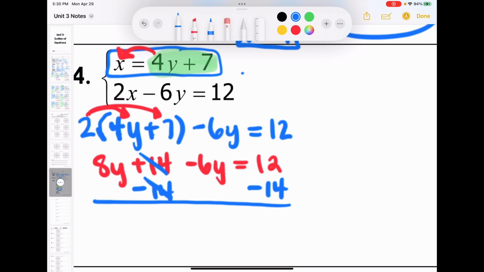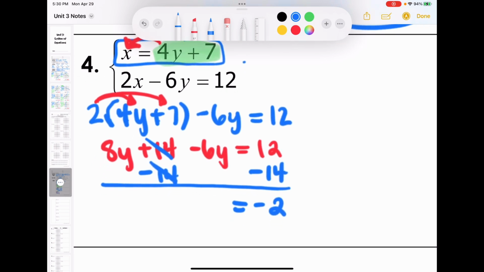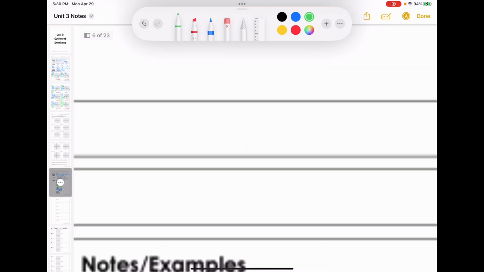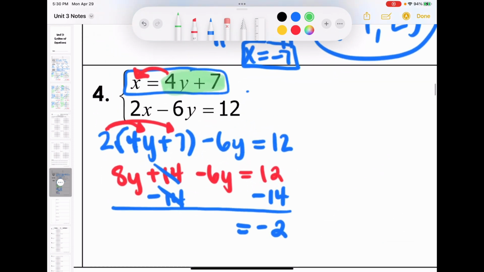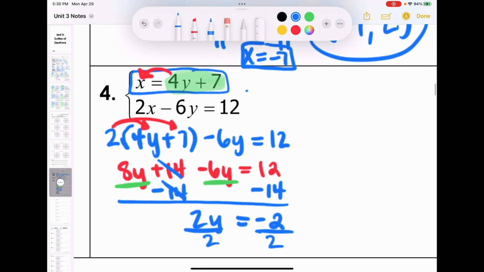So I'm left with negative 2. And then I can combine 8y and negative 6y, which will give me 2y. And then I divide by 2 on both sides, so y is going to equal negative 1.